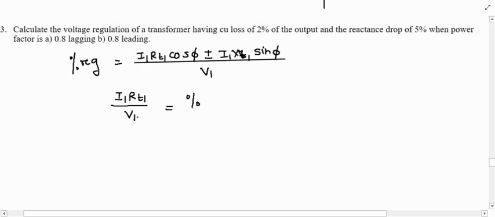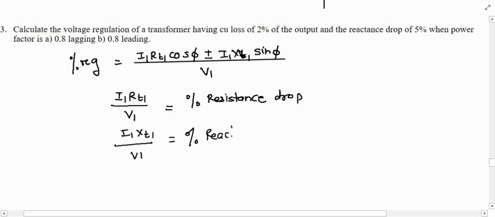So this is the percentage copper loss, and I1 XT1 upon V1 is nothing but the percentage reactance drop.